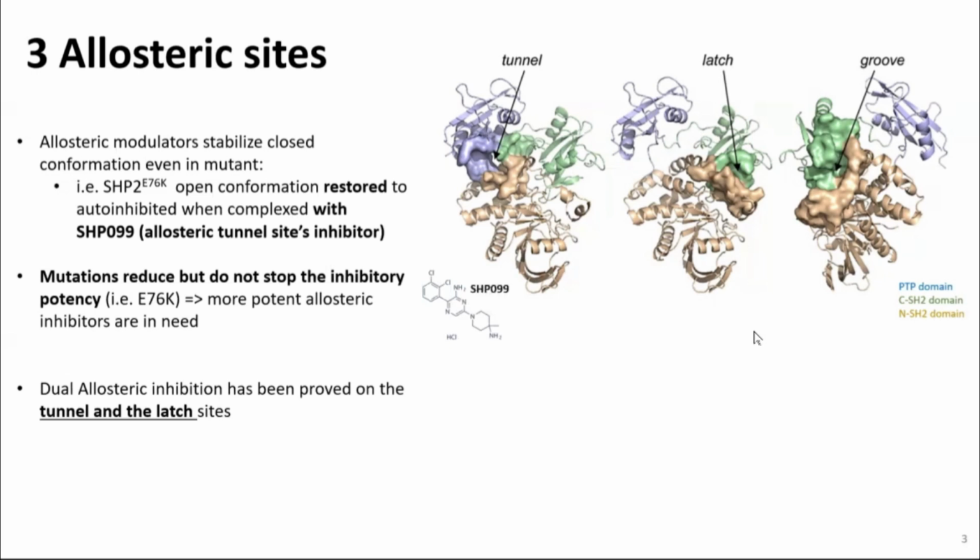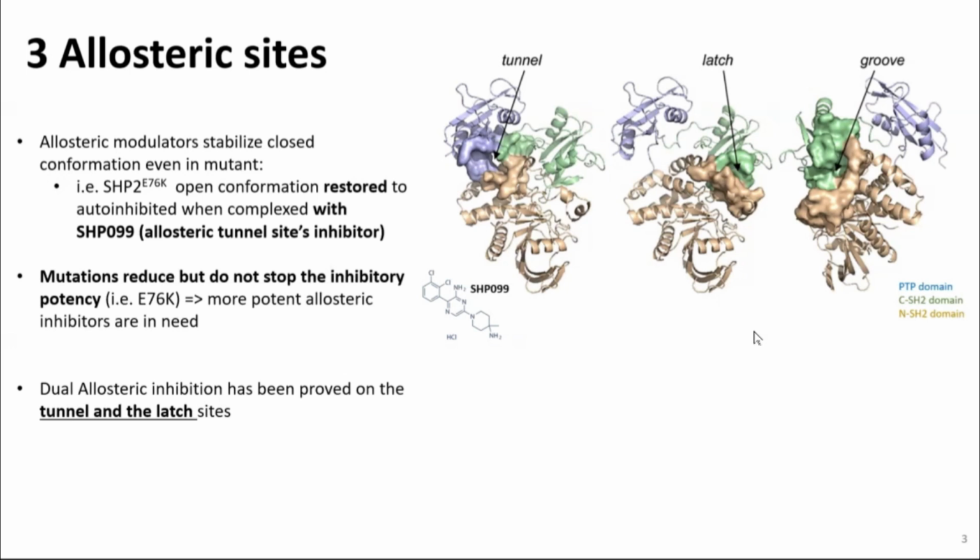Why? Because one of the first compounds synthesized showed the ability to be active on mutants of SHP2, compared to the orthosteric ligand, which loses activity.